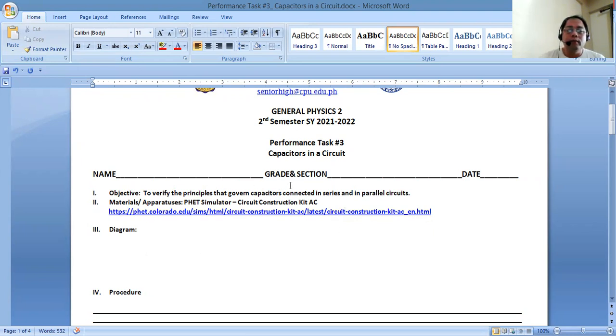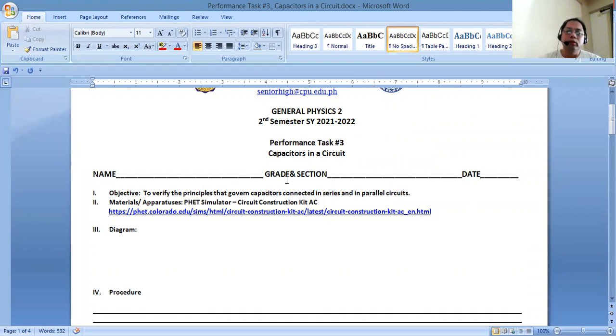By the way, when we say principles that govern capacitors, what I mean are the corresponding three equations that govern either the series connection or the parallel connection. We define them in terms of their relationships of capacitances in farad, the voltages that they have, and last, of course, the charge, which is in coulombs.